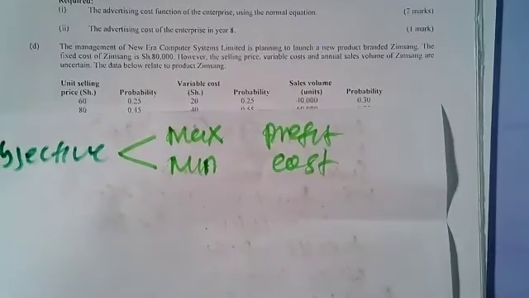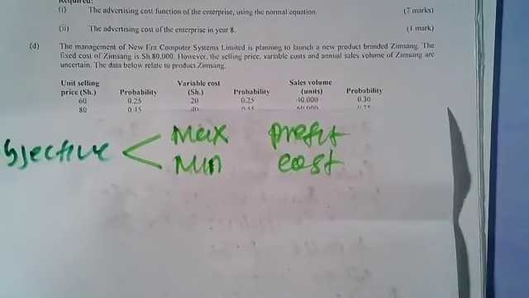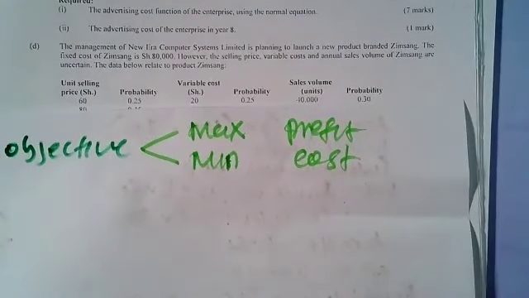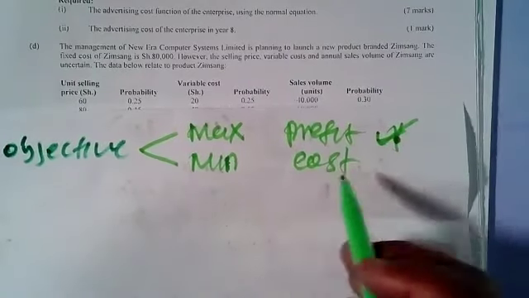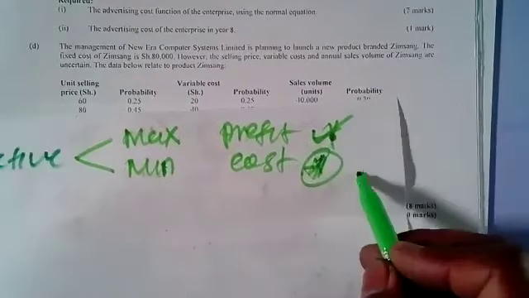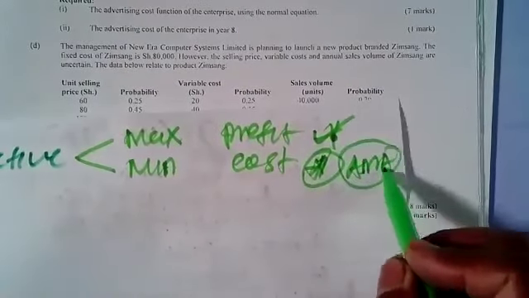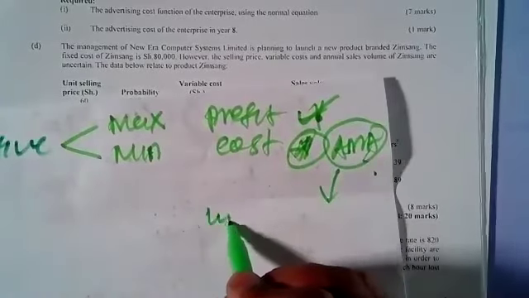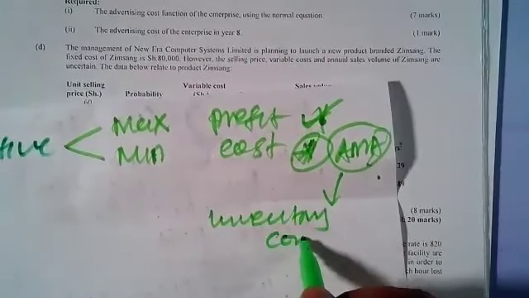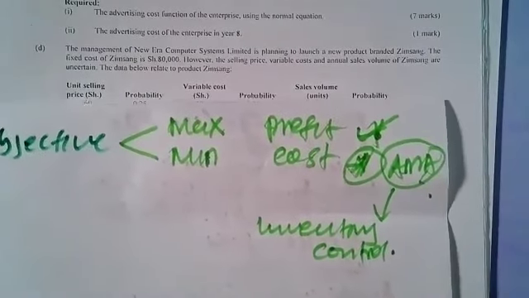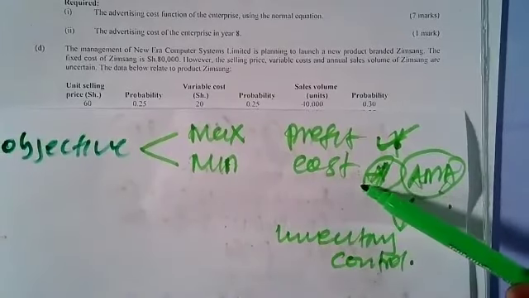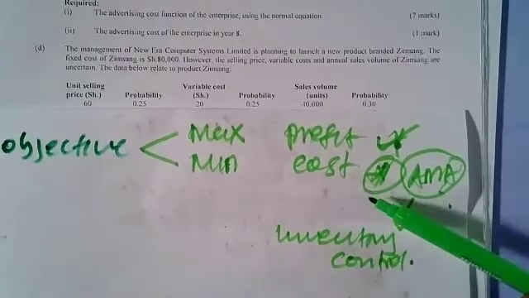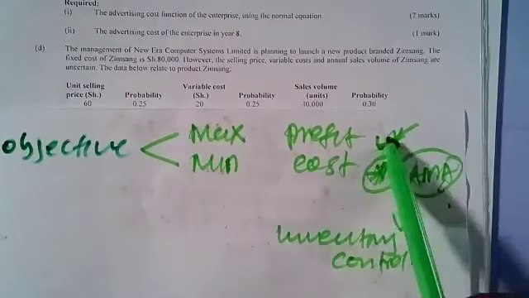Now, for mostly QA, we'll be dealing with profit maximization. Then for cost minimization, you will do it under advanced management accounting, section 5, when doing inventory controls. From September 2015, the minimization was eliminated from QA and taken to section 5. So in this case, we'll only be focusing on maximization of profit.